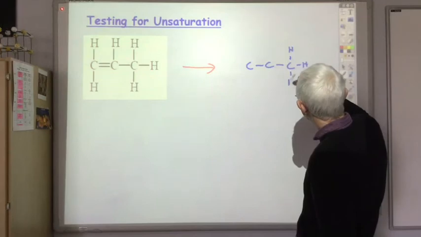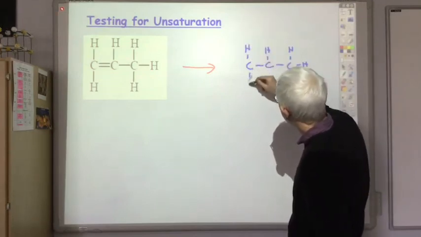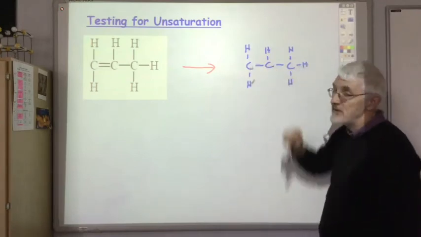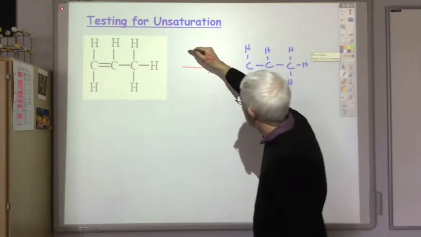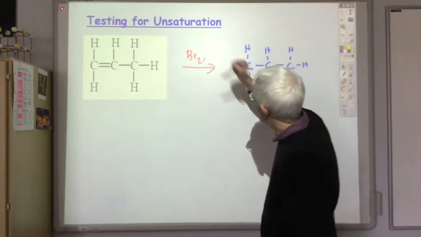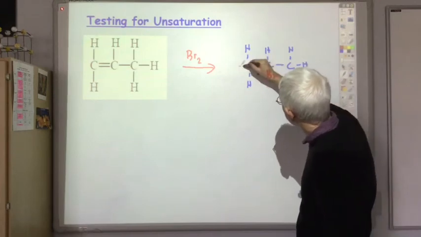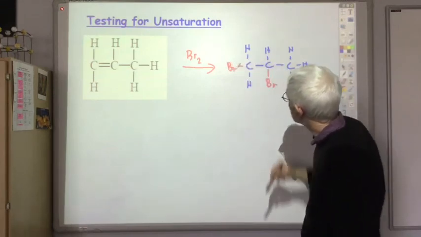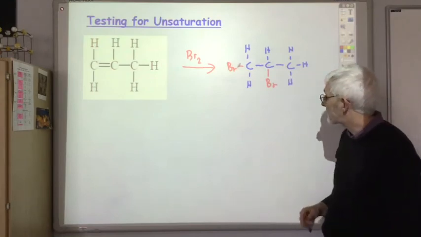All the hydrogens remain where they were, but both these carbons have now only got 3 bonds. So it was Br2 we're adding. So we add a bromine atom onto each carbon atom that was involved in the carbon-carbon double bond.